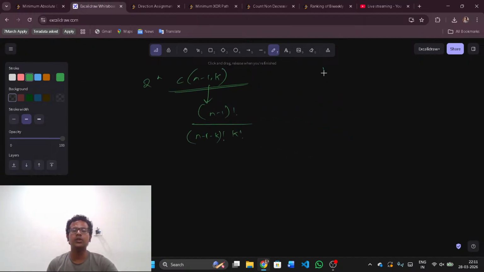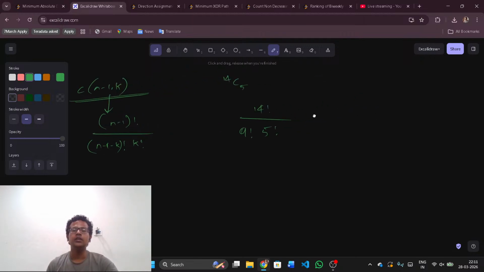Let's take an example: 14C5 is 14 factorial by 14 minus 5, which is 9 factorial, and 5 factorial. nCr is nothing but n factorial by n minus r factorial into r factorial, right?